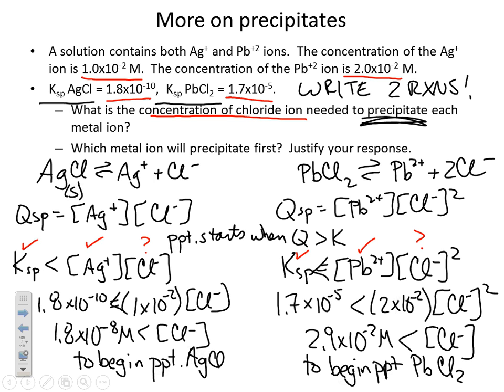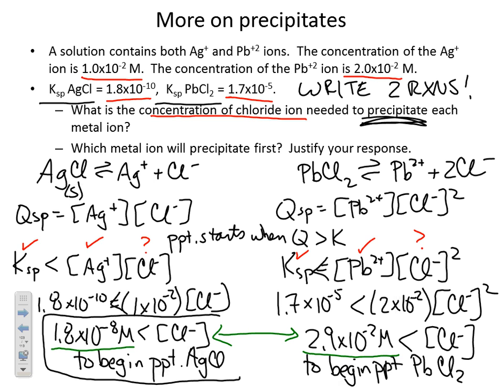You've already done them. So looking at these two values right here and comparing them, I can see that the silver chloride needs significantly less concentration of chloride, right? This value right here is less than this value right here. So what does that mean? It means that the silver chloride will precipitate first. Right, this thing will precipitate first because you're going to get to 1.8 times 10 to the minus 8th molar chloride much sooner than you would 2.9 times 10 to the minus 2nd chloride.